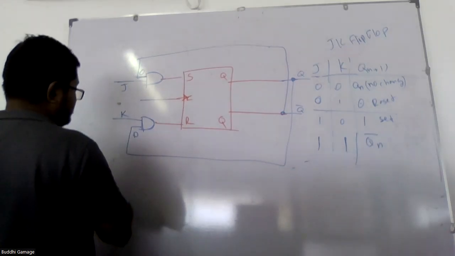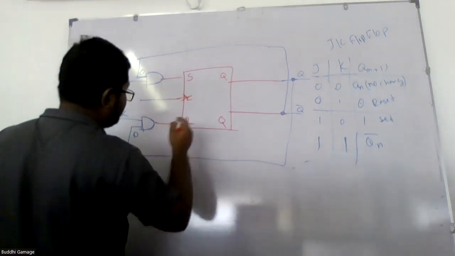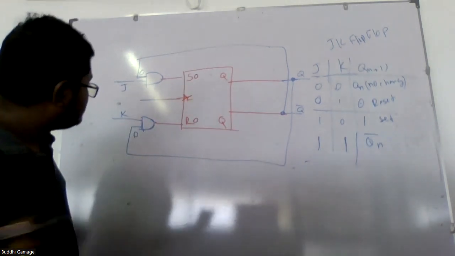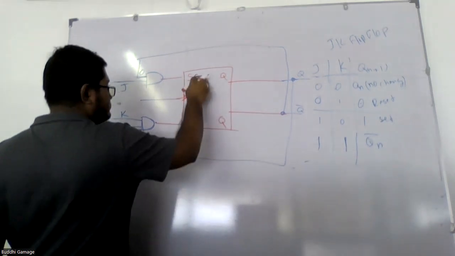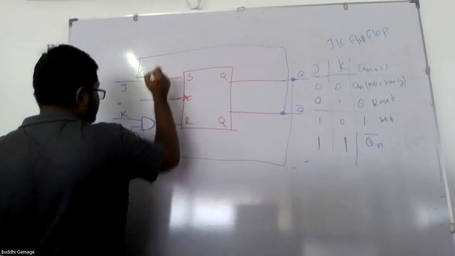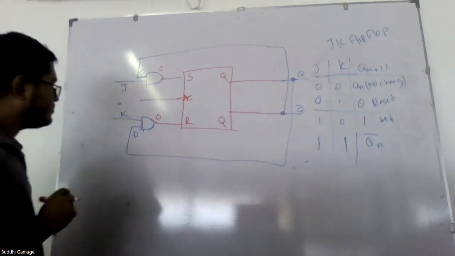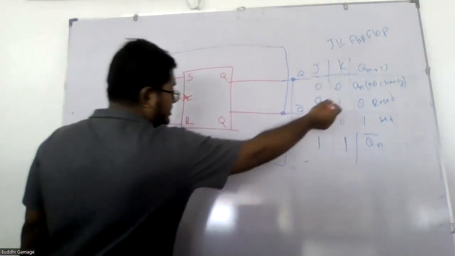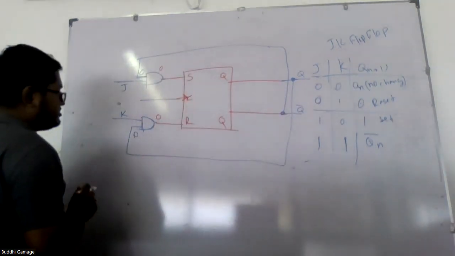Both are 0 0. Our S and R will also be 0 and 0. Down here 0 and 0. Right. So nothing, there will be no change.